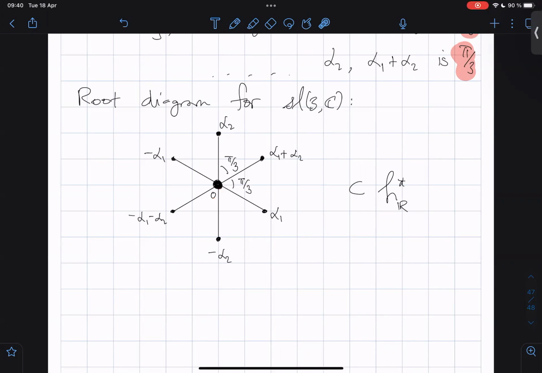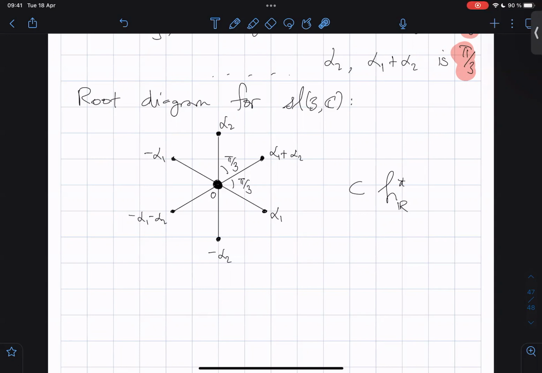The corresponding eigenspace is the Cartan subalgebra, the diagonal matrices, which is two-dimensional. So 6 dimensions on the outside, 2 dimensions on the inside. That gives 8, which is the dimension of SL3. But now we have geometry to play around with.